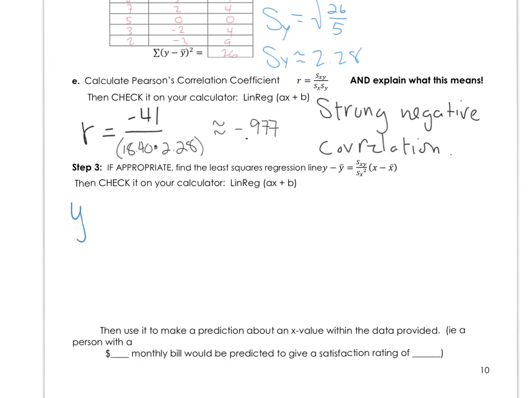So it's going to be y minus y bar, and y bar in this case was 5, is equal to that covariance, negative 41, divided by s sub x squared. That's going to be 18.4 squared times x minus x bar. And x bar, let's see if I can look this up.